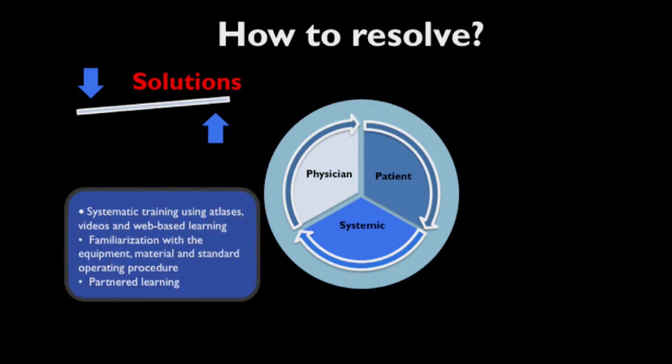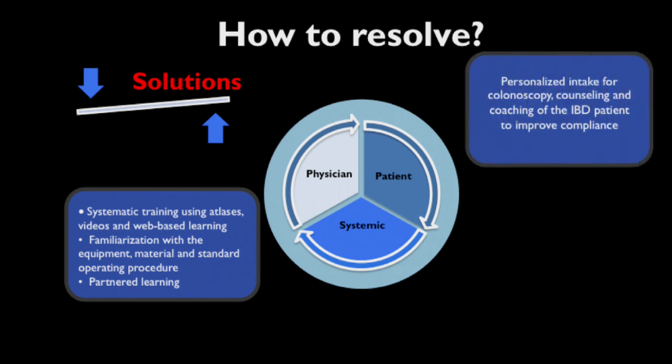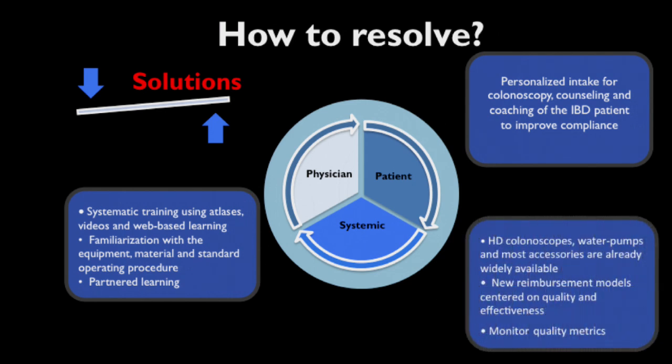Systematic training using atlases, videos, and web-based learning, familiarization of the colonoscopist with the equipment, material, and standard operating procedure, and partnered learning with an experienced colonoscopist. Personalized intake for colonoscopy, counseling, and coaching of the IBD patient to improve compliance.